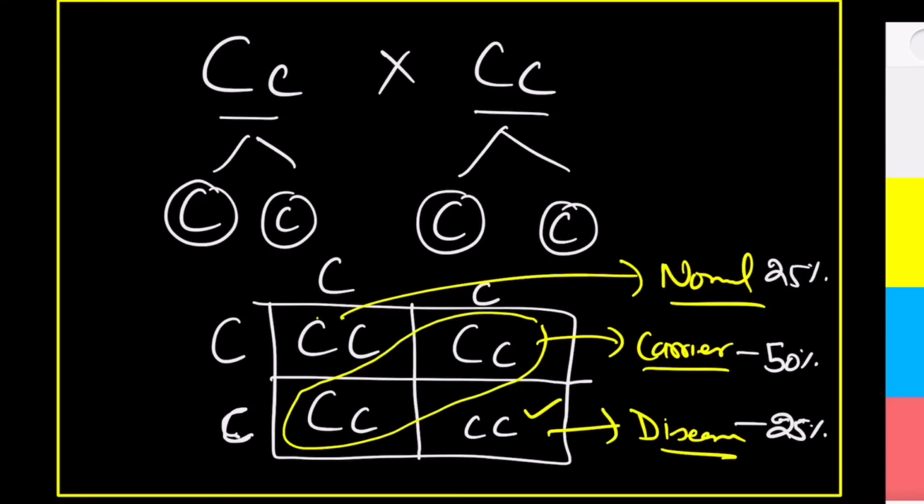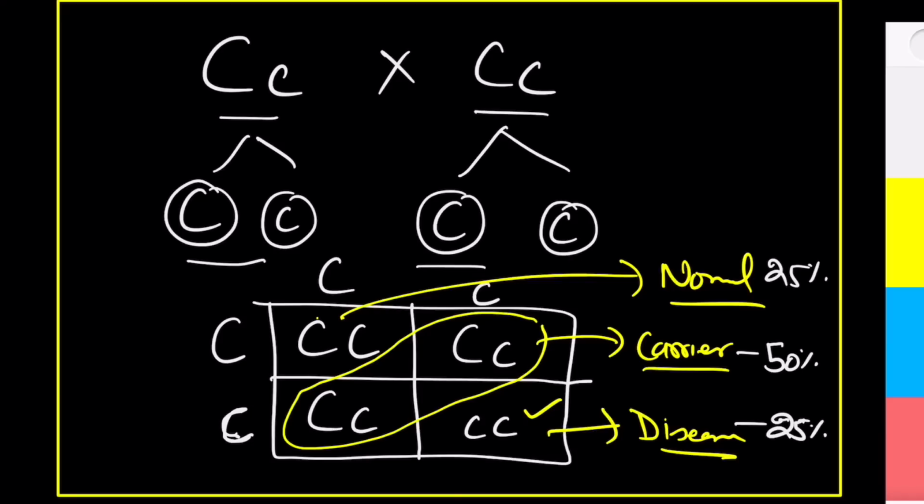So in the case of autosomal recessive inheritance, if both of the parents have these unit factors responsible for the disease, they will transmit the disease to the children.